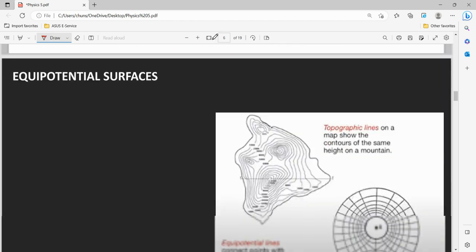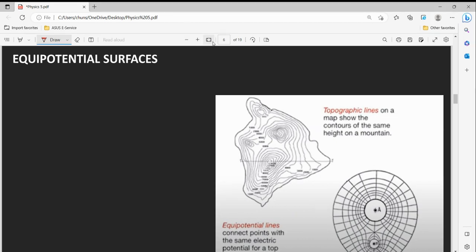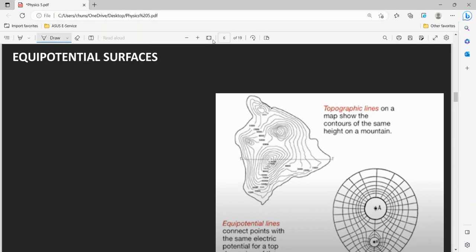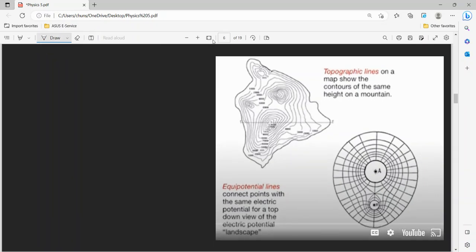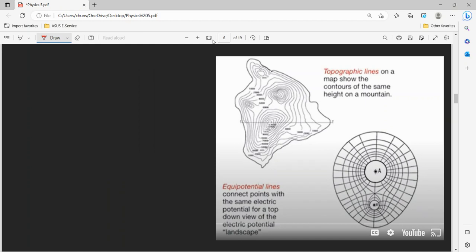Okay, so now we're going to talk about equipotential surfaces. If you guys have ever seen a topographic map, that is a good way to imagine what this would look like. A topographic map shows contours of a mountain where the concentric lines are joining each other, right? So these squiggly lines right here show parts of the mountain that have the same height.